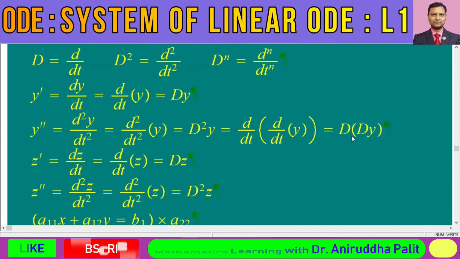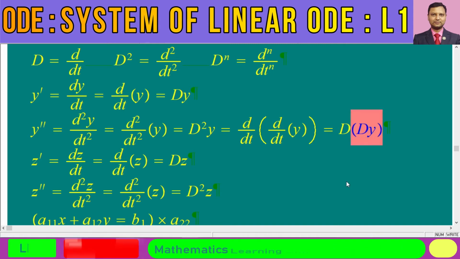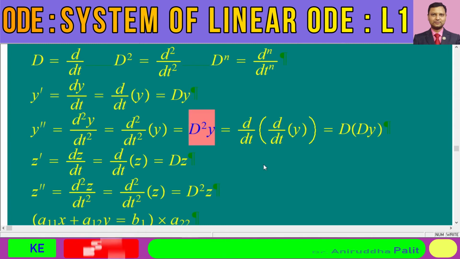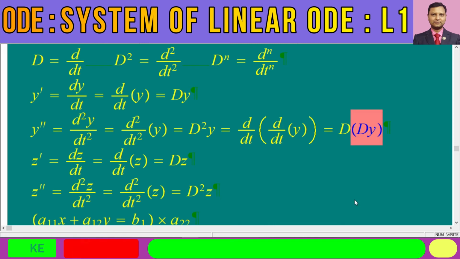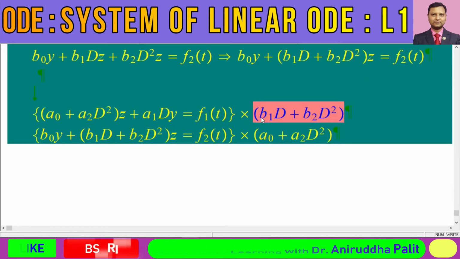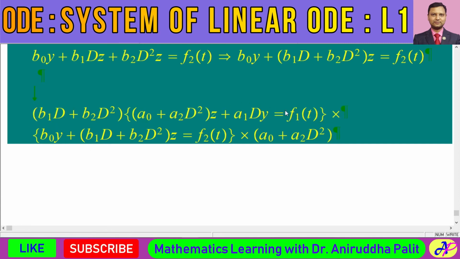We would say we are operating this D on the quantity D of y, and we will get D squared y. Got it? So it behaves like multiplication, but it is actually a kind of operator. The d/dt operation is performed on this quantity. Clear?